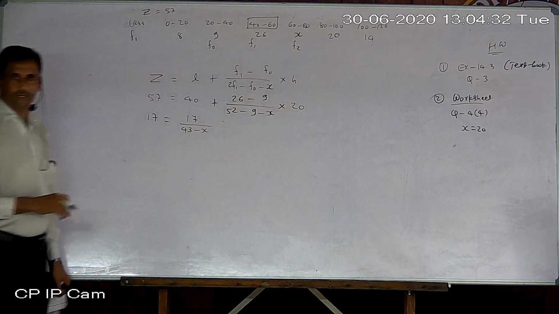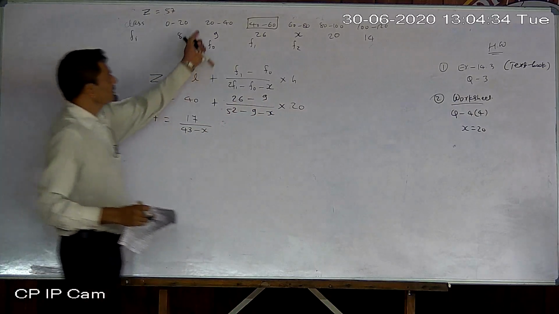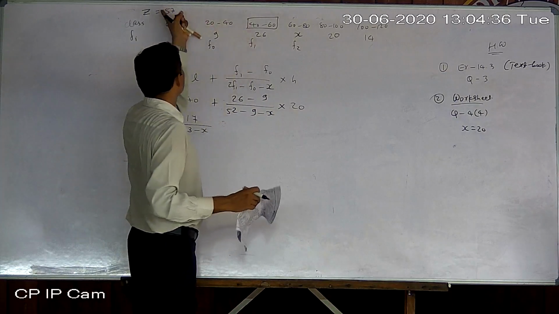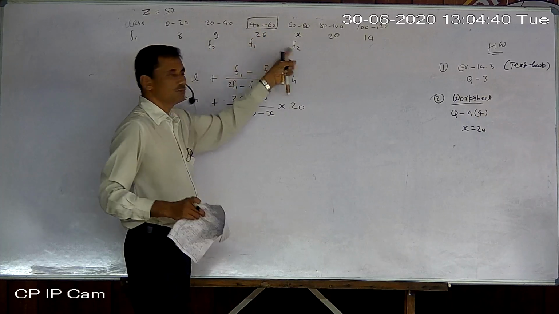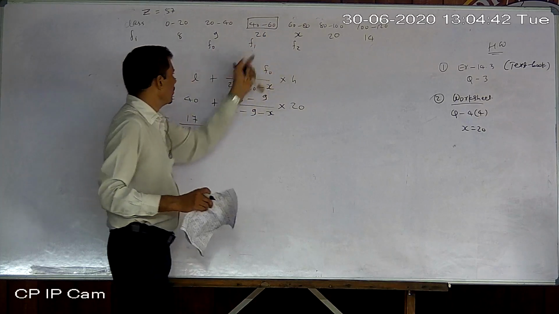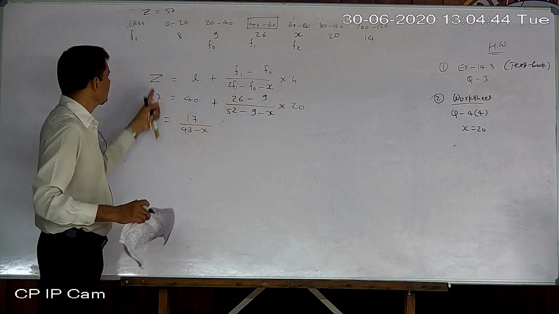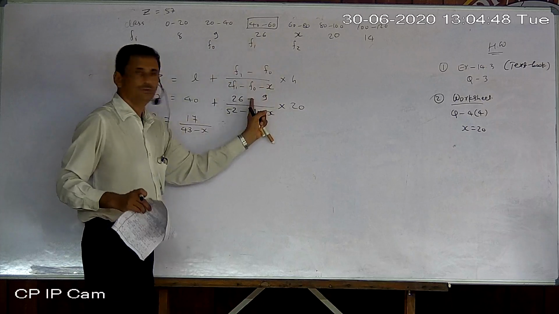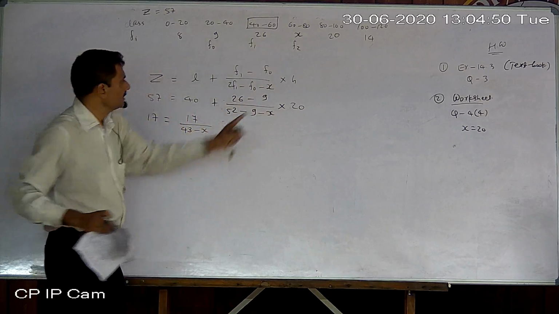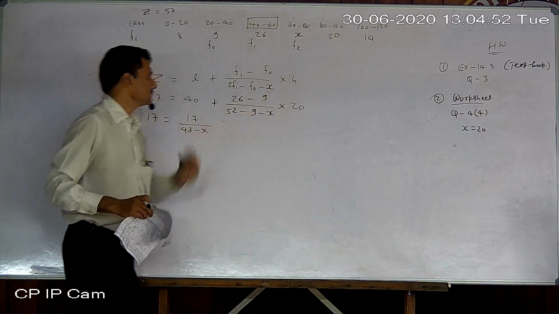Write down 20. Again, this is all given according to this one modal class we found, and according to that F1, F0 and F2 are located. Now all values are placed. This one is given, lower boundary of modal class, F1, F0, F2, you know how to locate it. And class size is 20, so it is written.